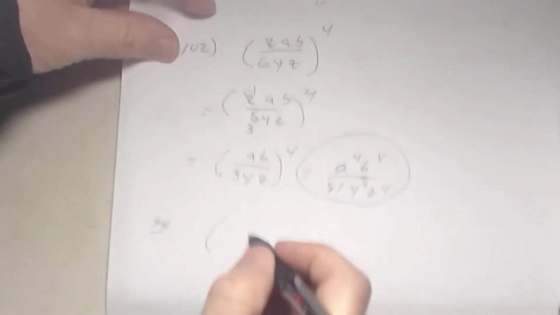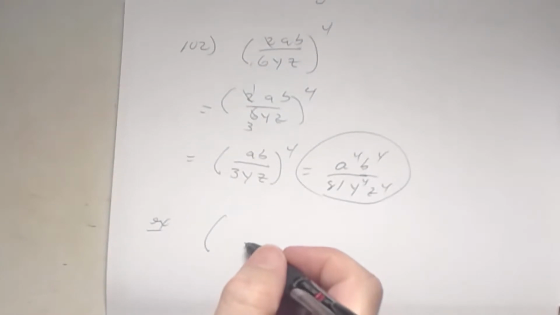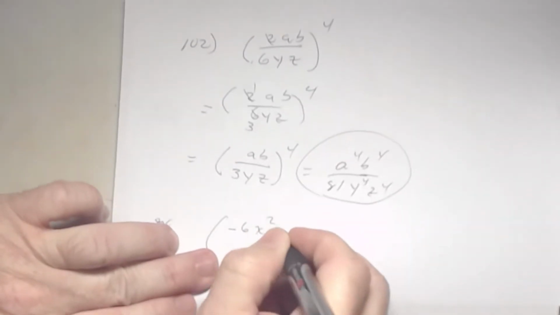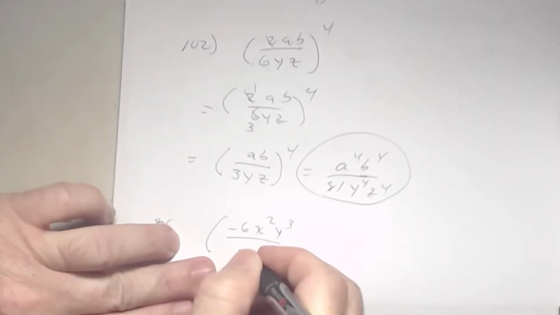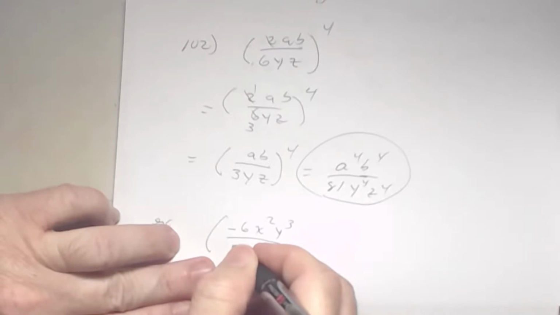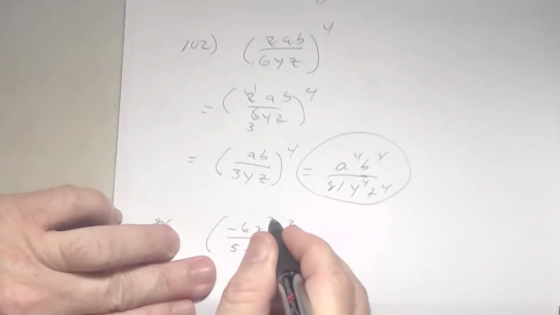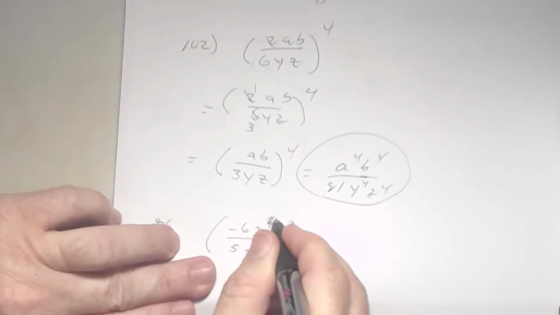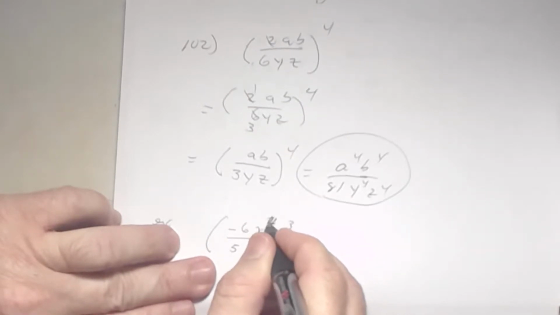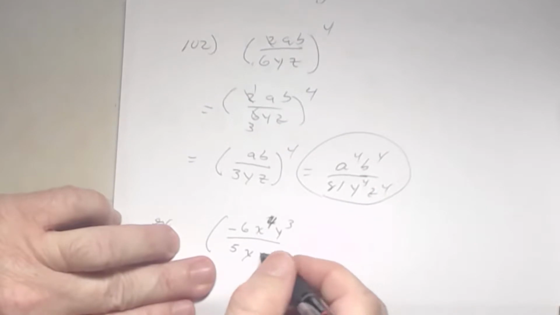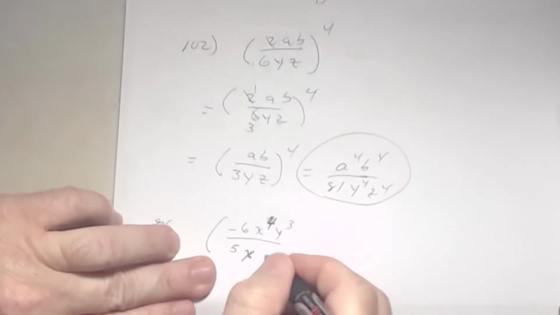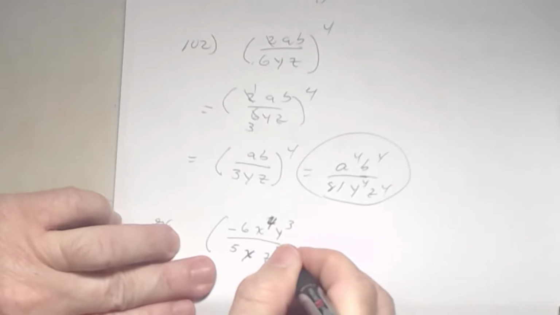All right, now let's look at this example. Suppose you had negative 6 x squared y cubed divided by 5, let's make that x to the 4th, I'm sorry, x to the 4th, x, z to the 5th.